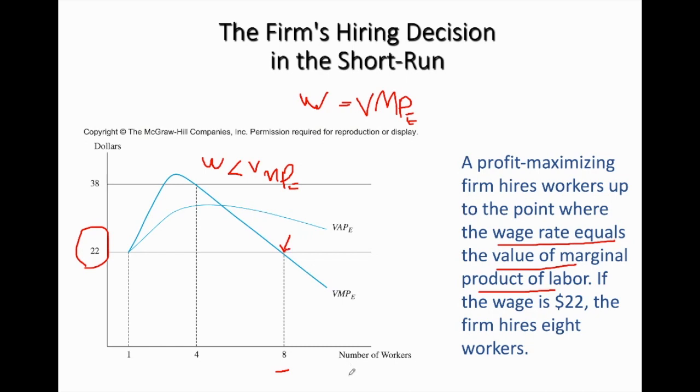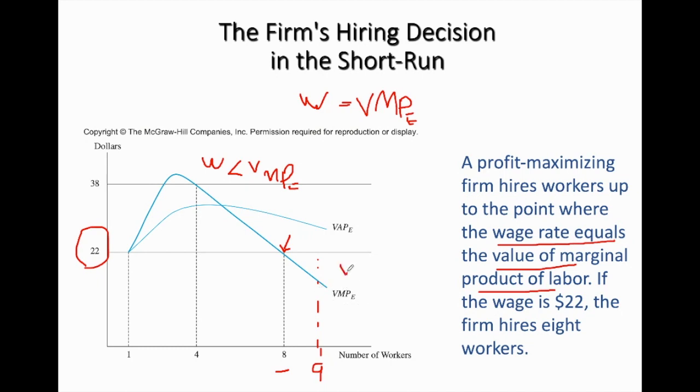Now, what if our firm hires more than 8 workers? Let's say 9 workers. It is given by the following dash line. So what happened here? This is where at the 9th unit of worker, the wage rate or the cost of hiring this additional worker, the ninth worker, is more than the value of marginal product of that worker.